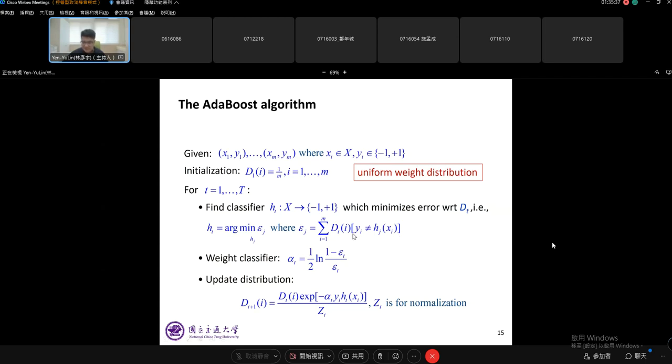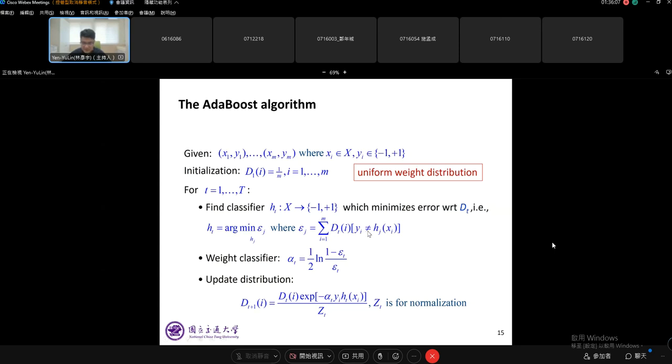Please notice that this parenthesis is used to indicate the indicator function. This function includes a statement. If this statement is true, the output of this indicator function is 1, otherwise 0. So let's look at the meaning inside the indicator function.